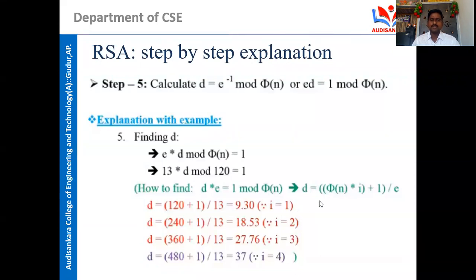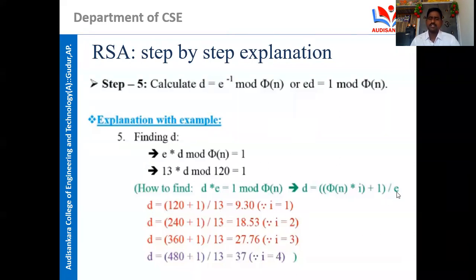We need to find this D value by substituting these values in this formula. Phi of n is 120, and here we are considering let i is equal to 1. So 120 plus 1 divided by 13. What is this 13? E value.